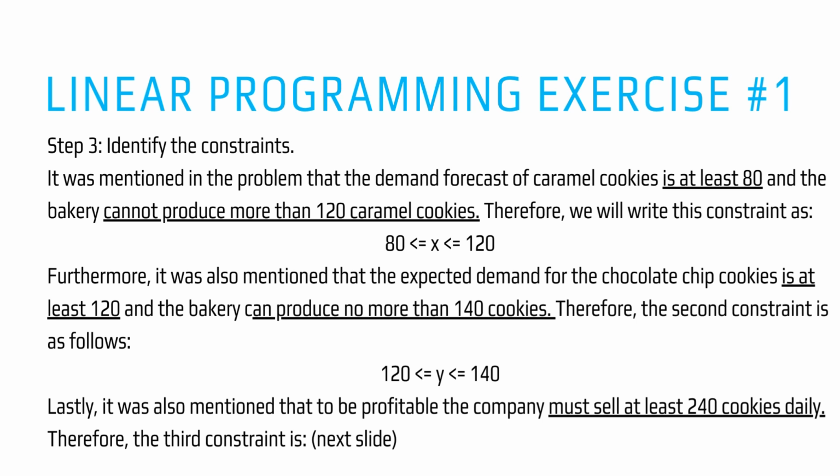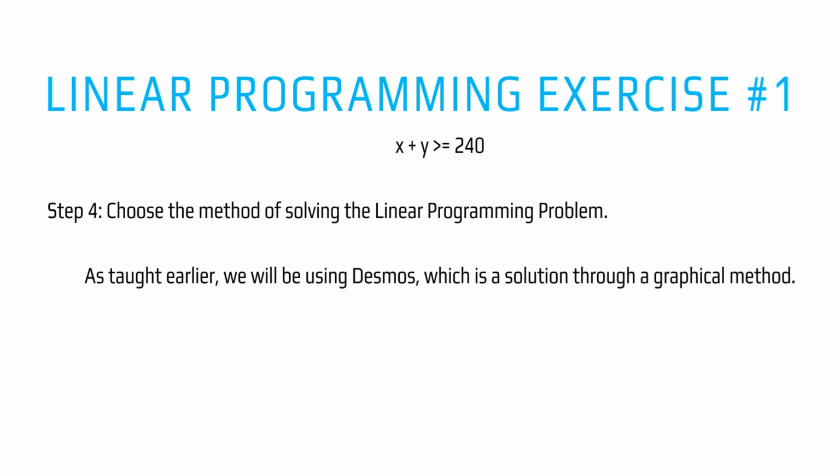Lastly, it was also mentioned that to be profitable, the company must sell at least 240 cookies daily. The third constraint is x plus y is greater than or equal to 240.